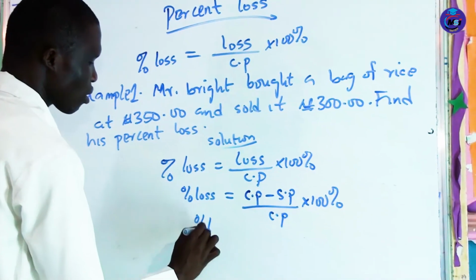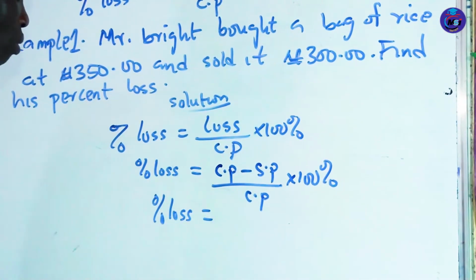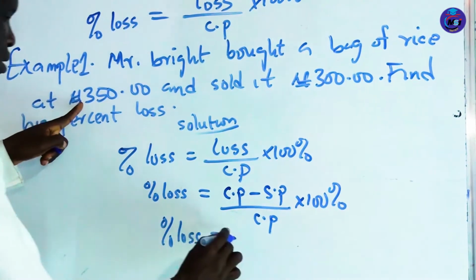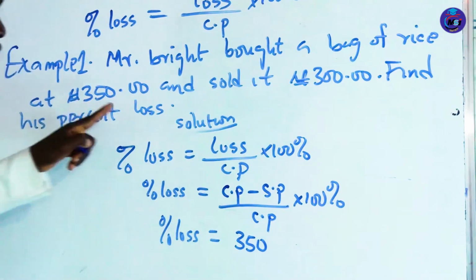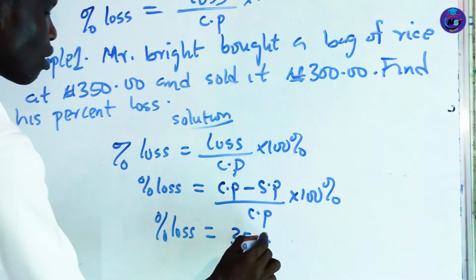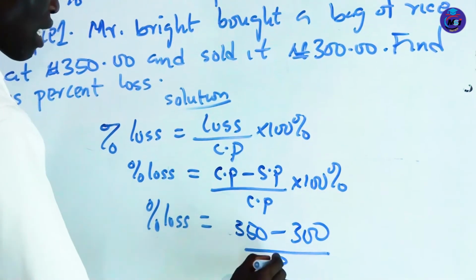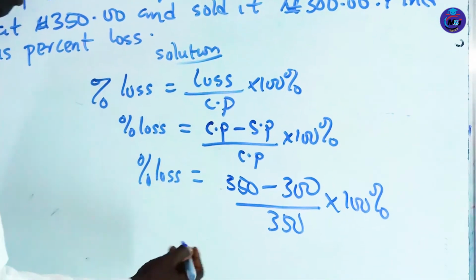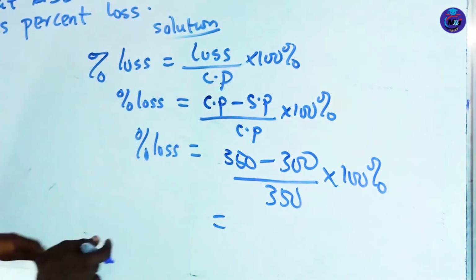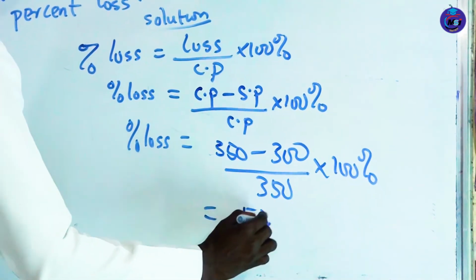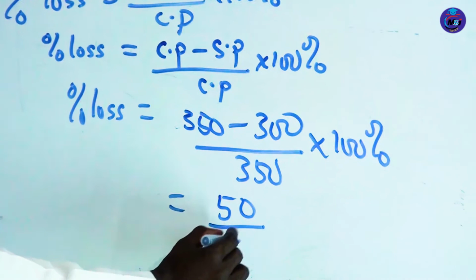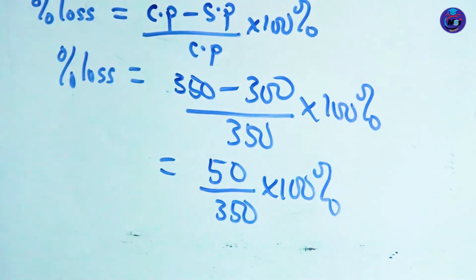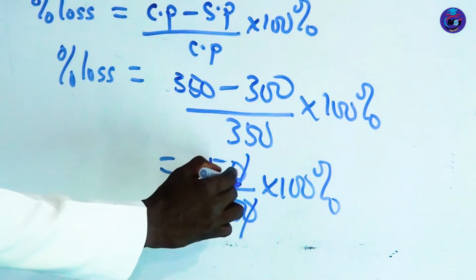So percent loss will give you the cost price is 350, the selling price is 300, divided by cost price 350 multiplied by 100%. Okay, 350 minus 300 will give us 50 divided by 350 multiplied by 100%. 0, we cancel this.